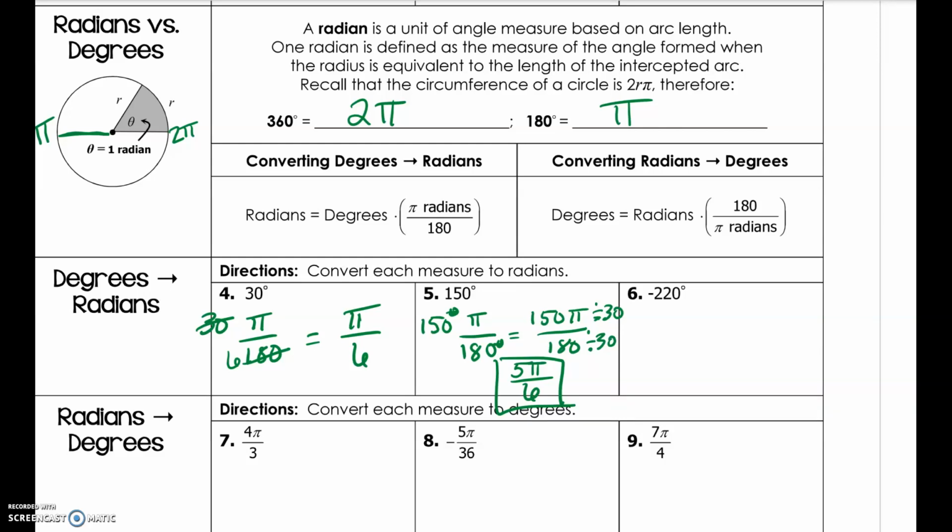Alright, so then we take negative 220, and we multiply it times pi over 180. This time we're going to get negative radians, which is okay.